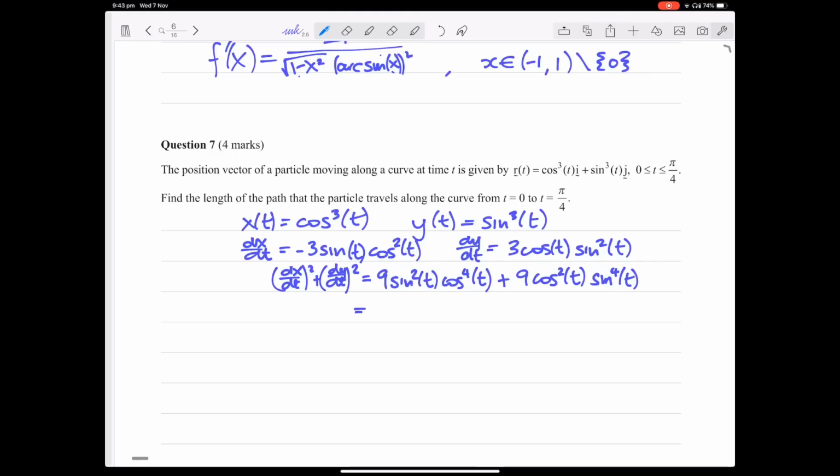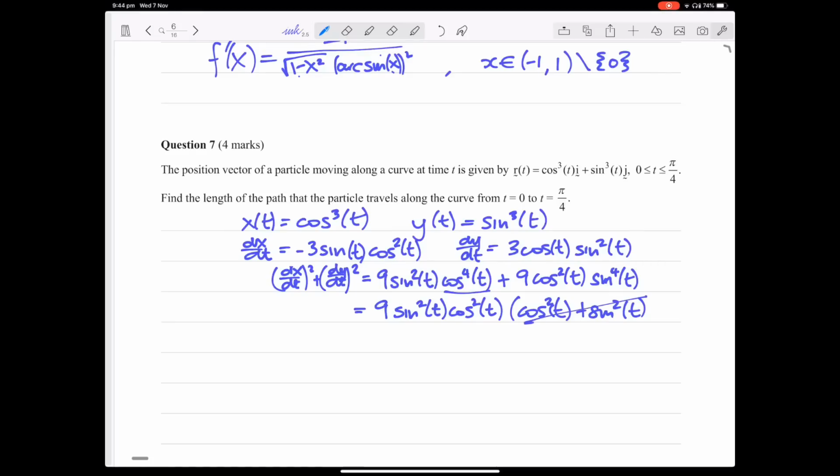So that's equal to 9, and we've got sine squared t cos squared t, and what's left over? Cos squared t plus sine squared t. And what do we know that equals? We know that that equals 1.